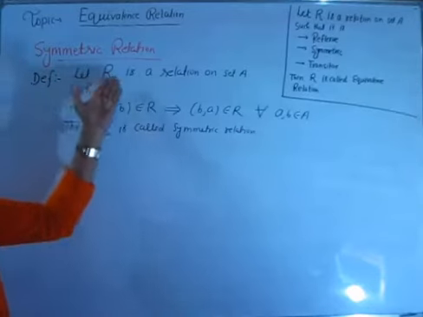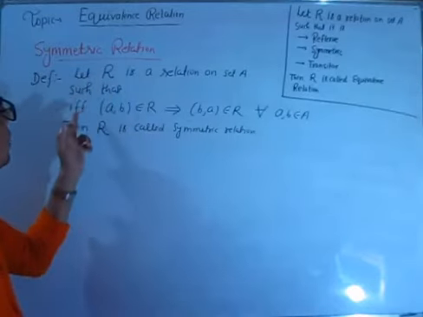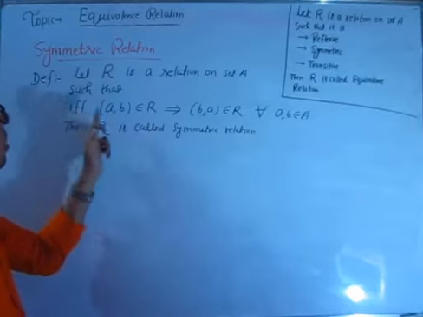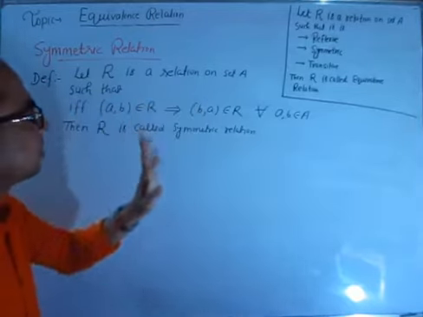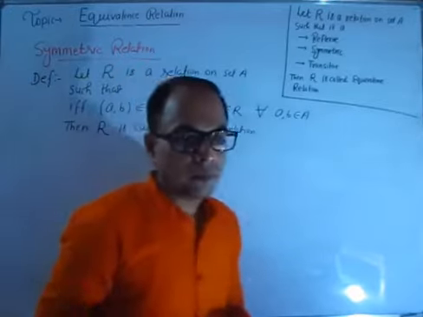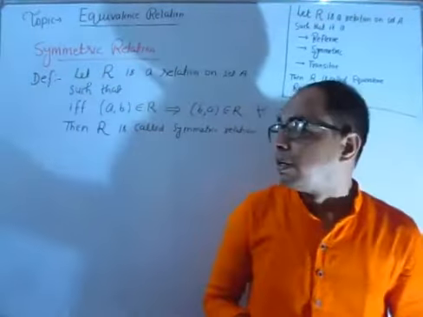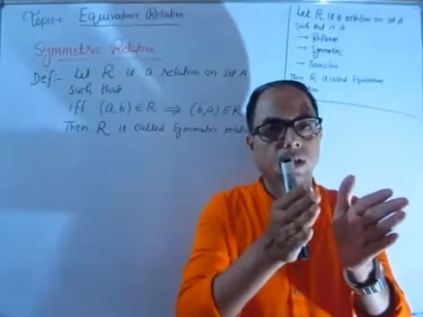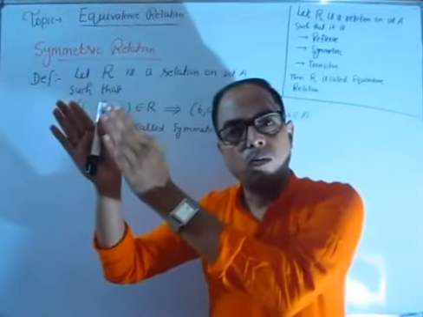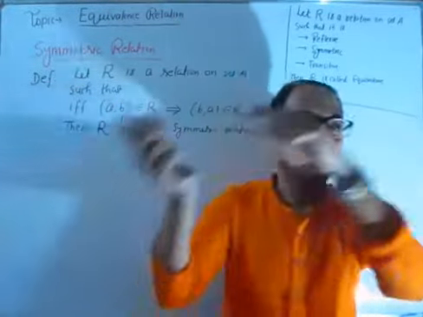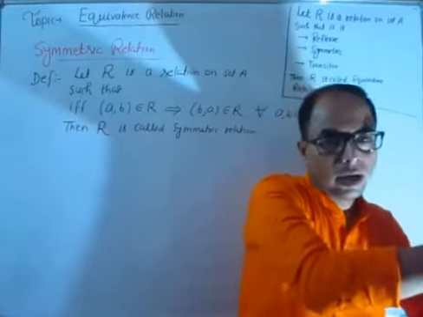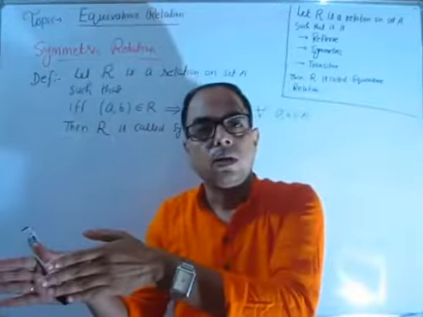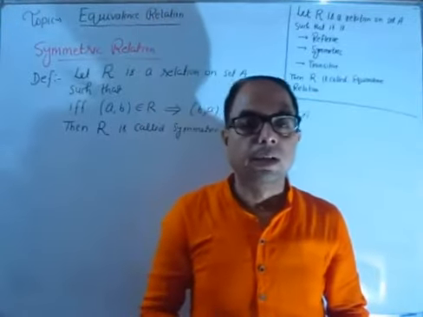If R is a relation on set A such that if a is related to b, then b is also related to a. Simply, if a relation relates one element with another element, and the same relation relates the other element with the first element, then the relation is called a symmetric relation.